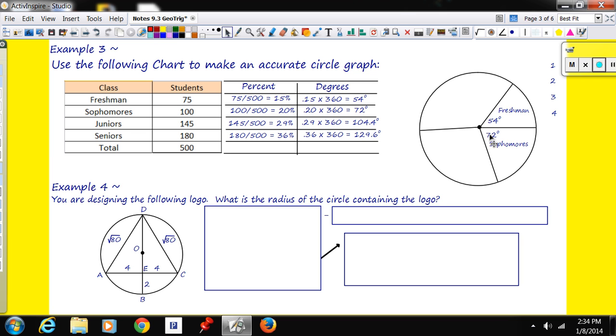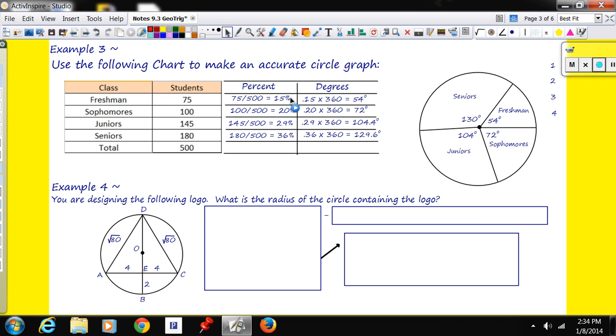72 degrees, our sophomores, which would be 20%. 104 degrees would be juniors, or I would put 29%. And then we have seniors at 130 degrees, which would be about 36% seniors.